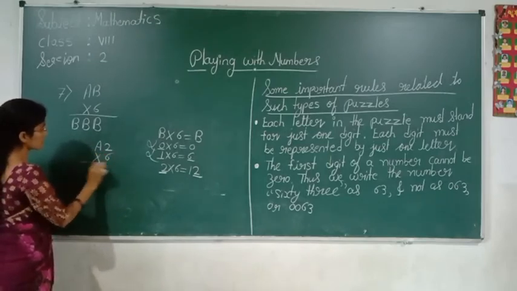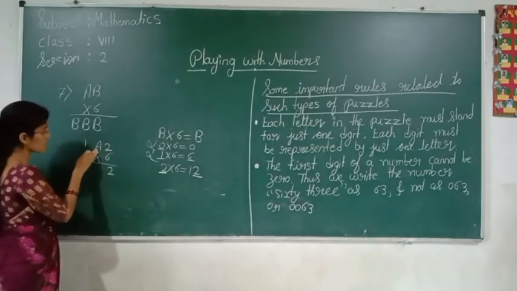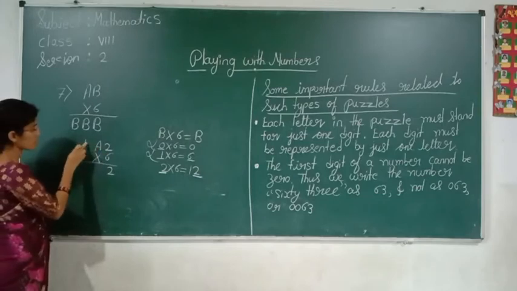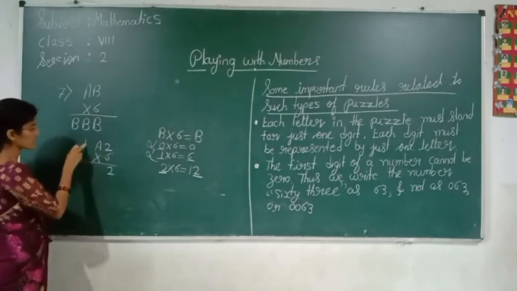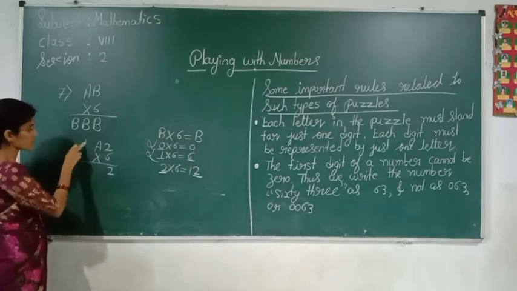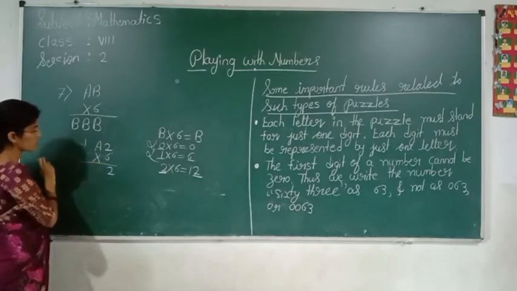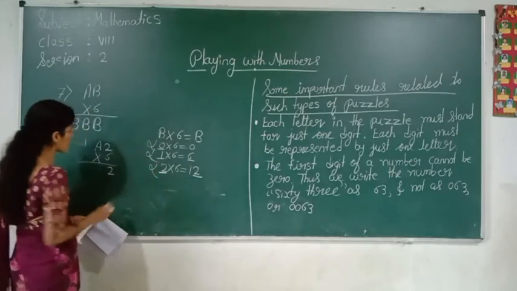Into 6. 6 2s are 12. Now if I go on putting the digit, go on checking. 6 0s are 0, plus 1 is 1. 6 1 is 6, 7. 6 2 is 12, 13. 6 4 is 24, 25. 6 6 is 36, 37. I want 2. Okay, it won't happen. Next, this is also not possible.